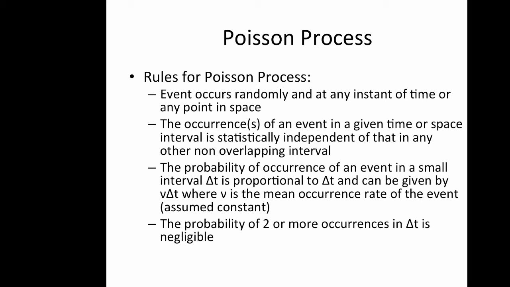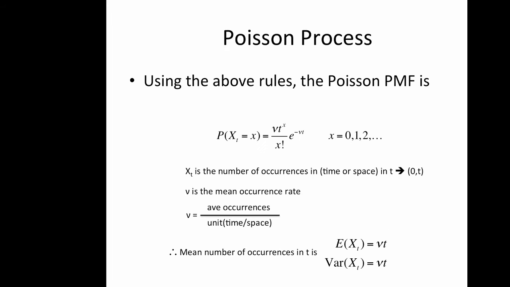And this is always assumed constant. The probability of 2 or more occurrences in delta t is negligible. So we don't have that case of multiple events occurring within our specified delta t. If we follow all of these rules, then we have the basis for a Poisson process.